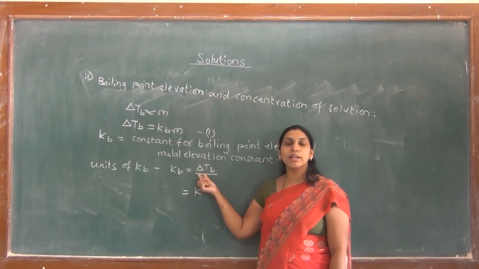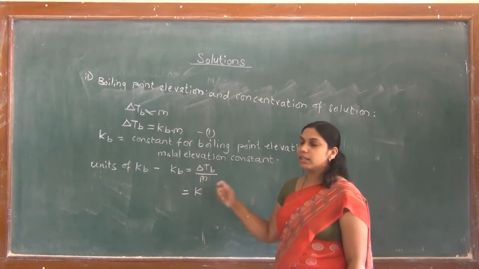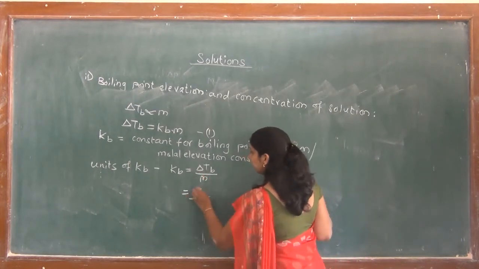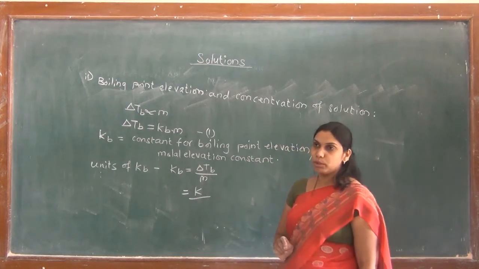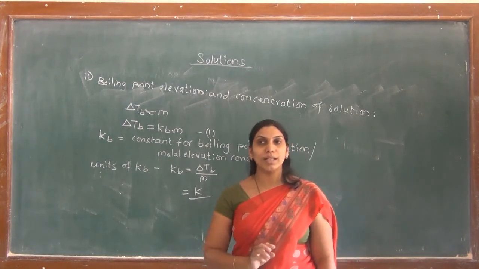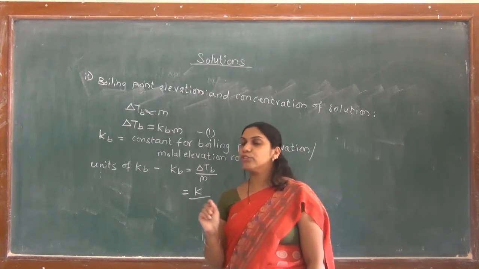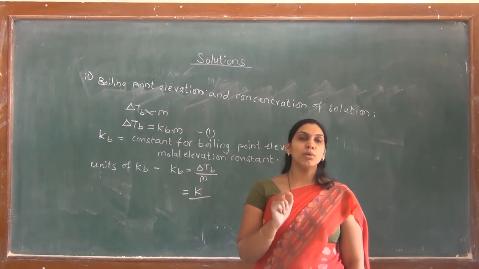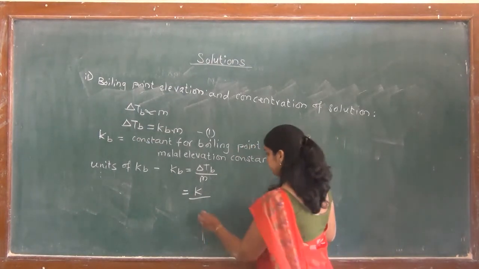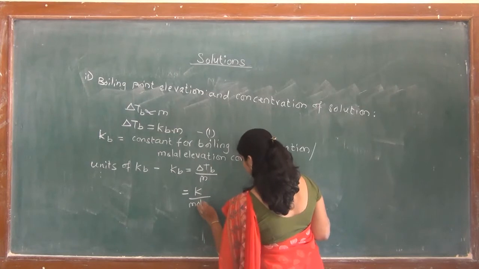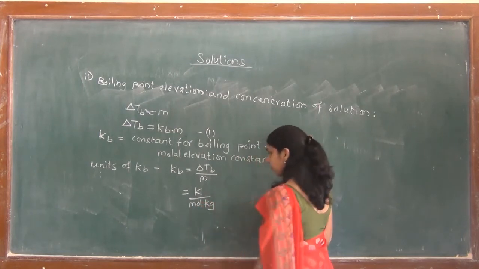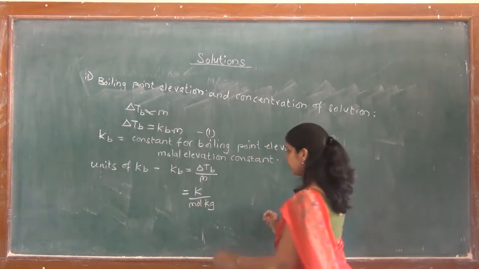So the unit for delta Tb will be Kelvin, divided by the unit of molality. Recall the unit of molality. The unit of molality is mole per kg.